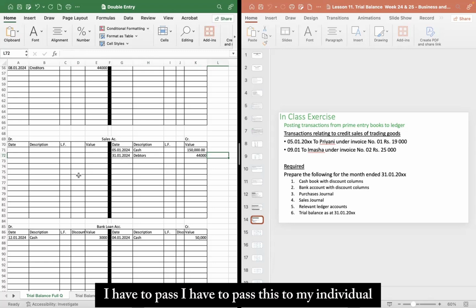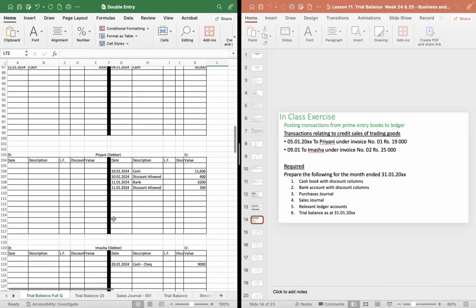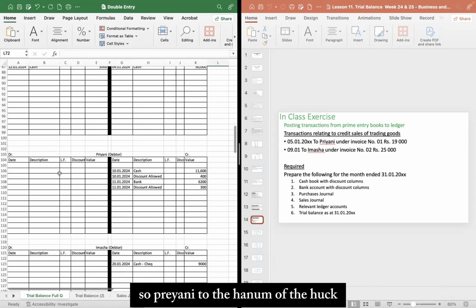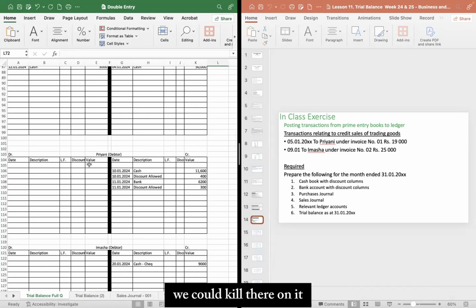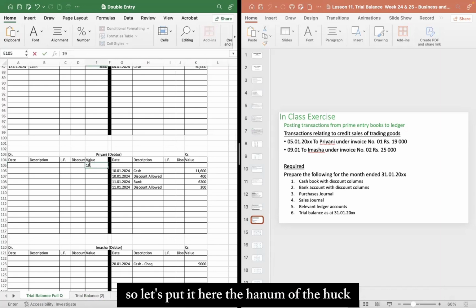Then I have to pass this to my individual customers. So Priyani, the 19,000 sale, let's put it here 19,000. So Priyani becomes the debtor to me.